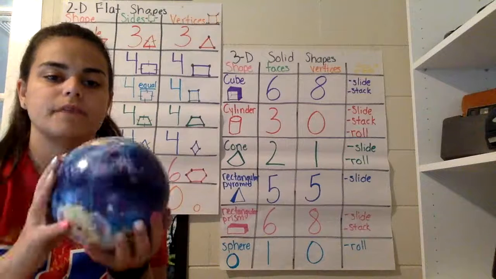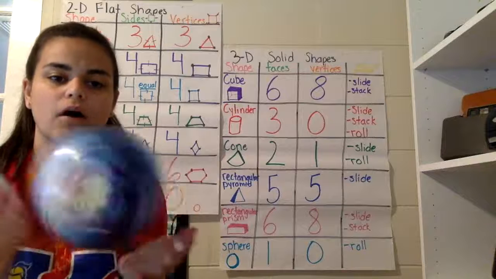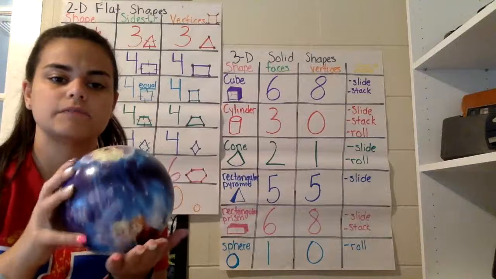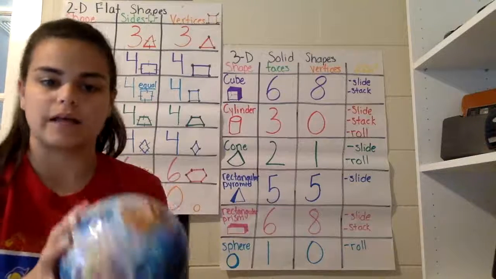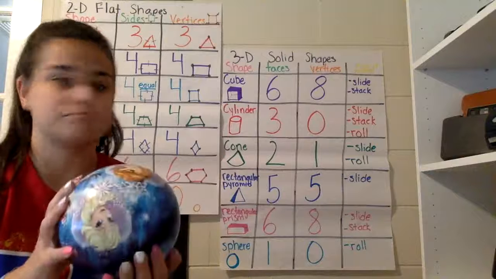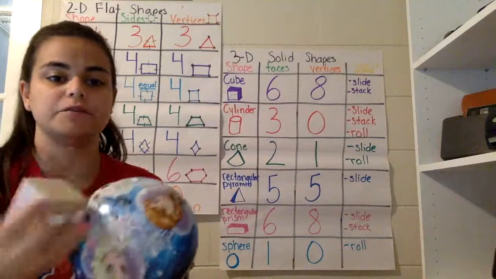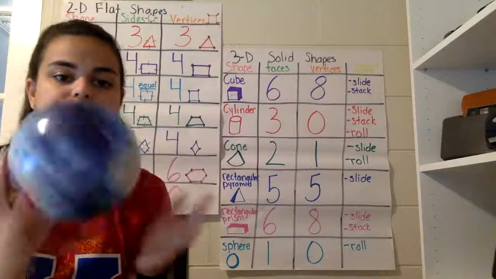Now, this shape can roll, right? We know we can roll a ball. Can it slide? It doesn't have a flat side to slide on, so it does not slide. Can it stack? Nope, it has no flat side for it to stack. So it can roll.